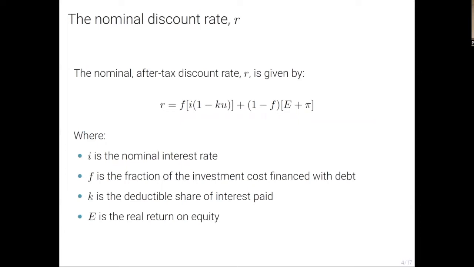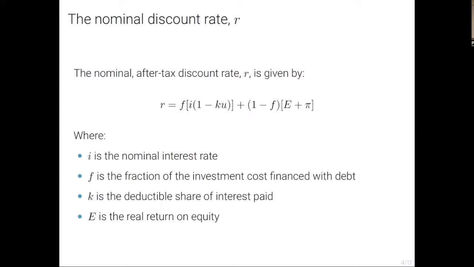So the nominal after-tax discount rate is given by the following equation. Here, F is representing the fraction of investment financed with debt. So 1 minus F is the remainder, the fraction of the investment financed through equity or retained earnings. Investments financed through debt are going to have an interest rate associated with that debt.